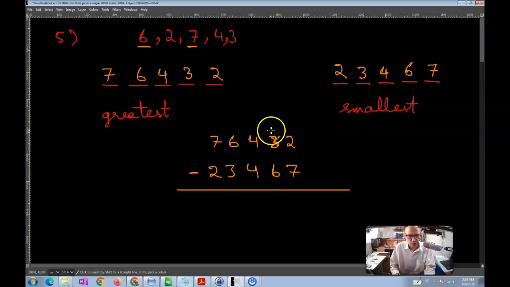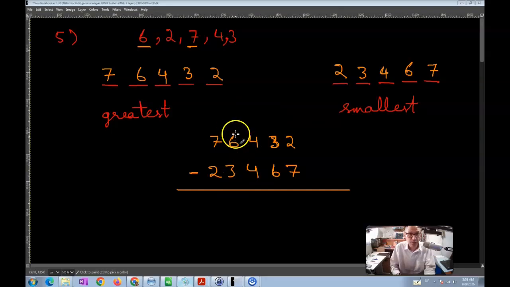So I would have to borrow a 1 from here, but then this would become a 2, and 2 minus 6 still would not be possible.